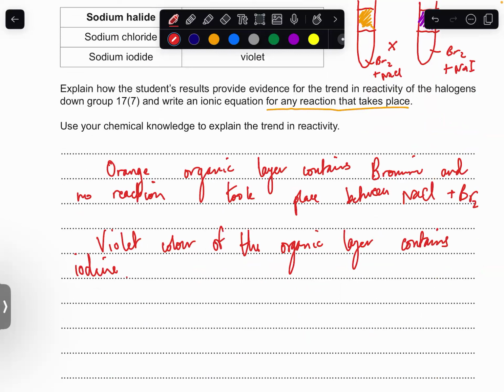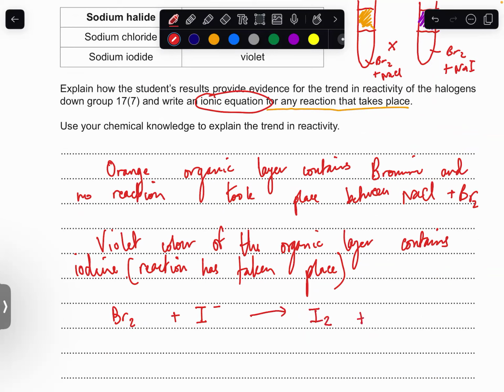Now you see, a reaction has taken place. And what is that reaction? Give an ionic equation. So we've got Br2 plus I minus from the sodium iodide. It's gone on to produce iodine and bromide ions.